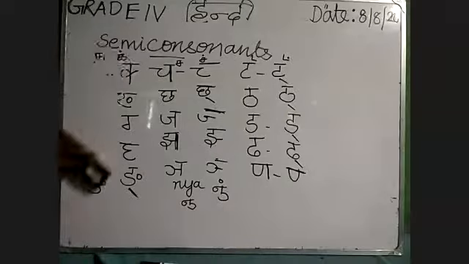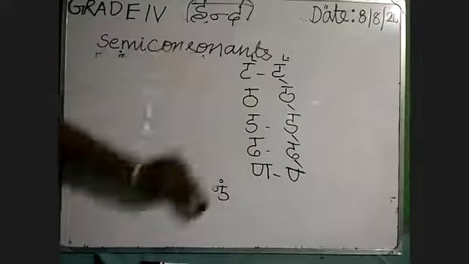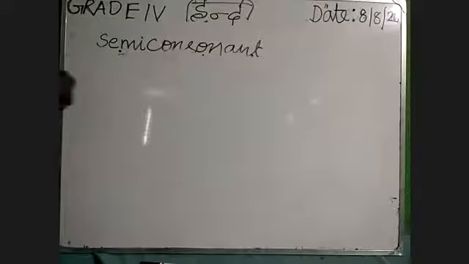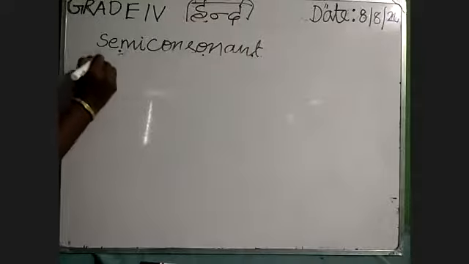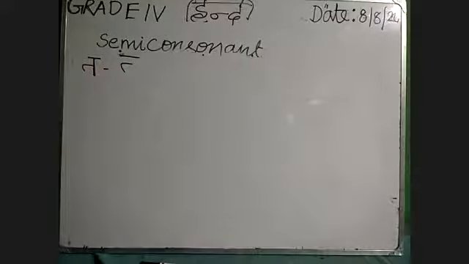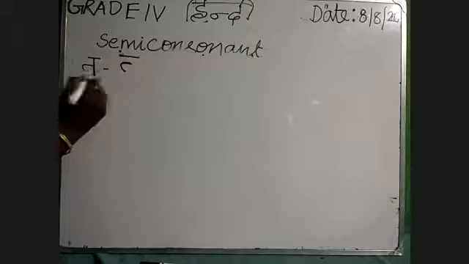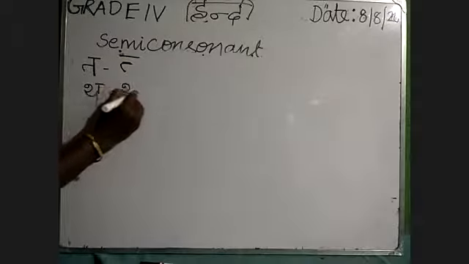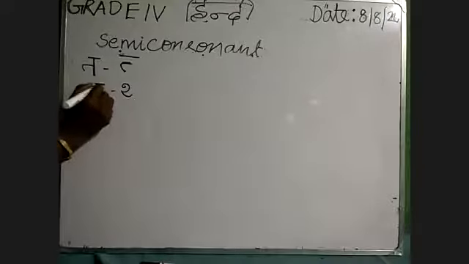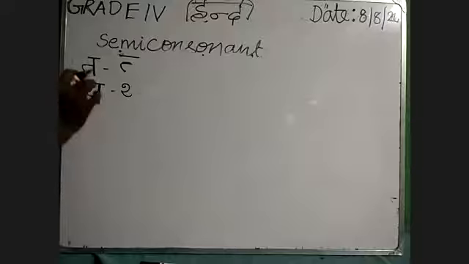Next, ta line. This is ta and this is it. See here, you should remove this line. Ta, it. Only this line you are removing. No sleeping line should come here.